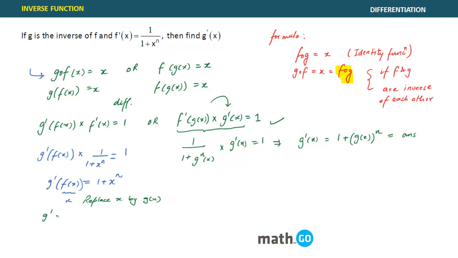This becomes g dash f of g x is equal to 1 plus g x raised to power n, and this entire quantity f of g x, since they are inverse of each other, becomes g dash x. So g dash x again comes out to be the same as this particular answer. So both methods are correct. Obviously this method is the simpler one, but you can get the answer from both sides. Do not worry about it.